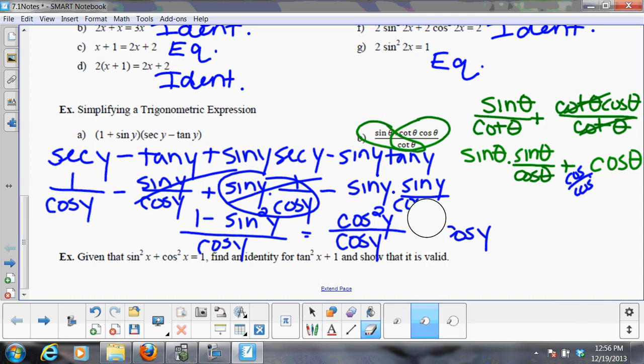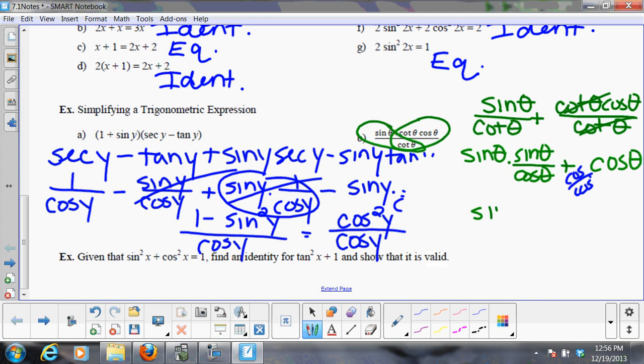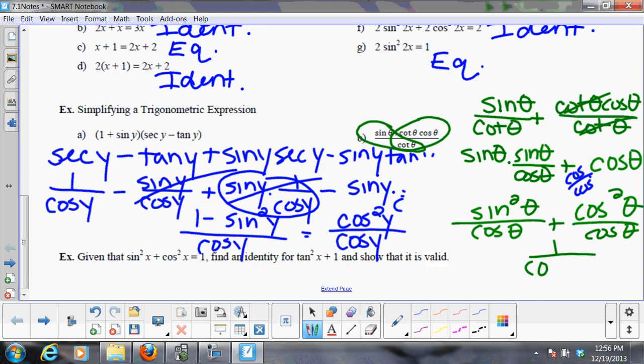Let me erase some of this. So we get sine squared theta over cosine theta plus cosine squared theta over cosine theta. And sine squared plus cosine squared on top is equal to 1. 1 over cosine theta is equal to secant theta.